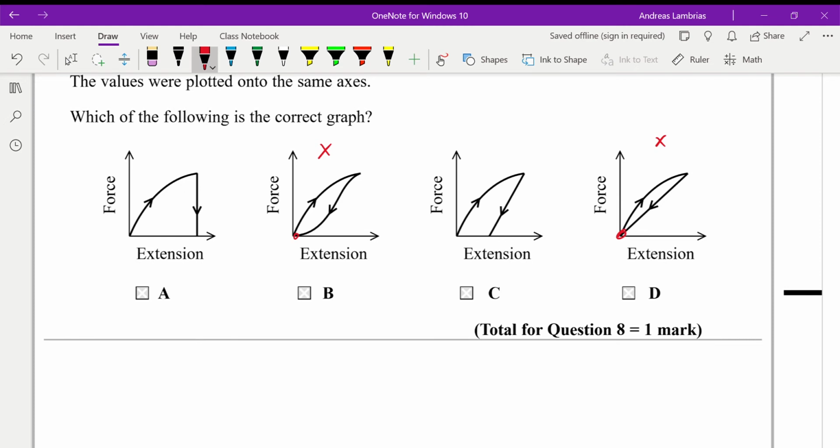The first one means that the extension would just stay there even if I remove the force, but it will go back. So in this case, the right answer is C. You can see that the extension is getting less as we remove the force, but it is not reaching the original length. So this would be the final deformation.